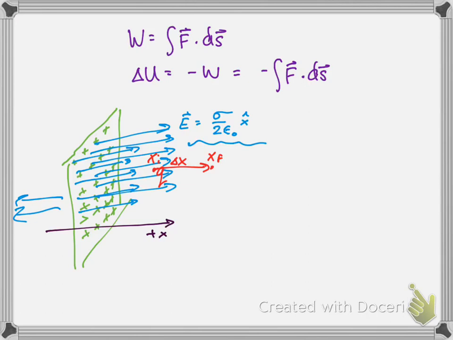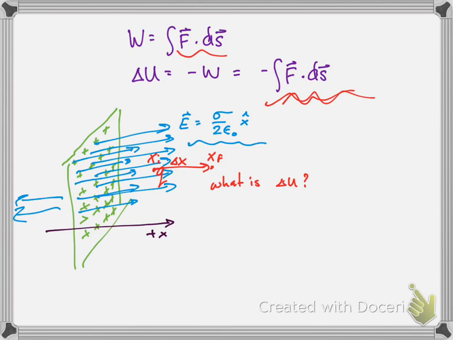Let's calculate that using our relationship here. First, let's make sure we understand the signs. I'm asking for the change in potential energy of the charge Q in a constant electric field E. Is the energy going to go down or up as I move it farther away from the sheet?